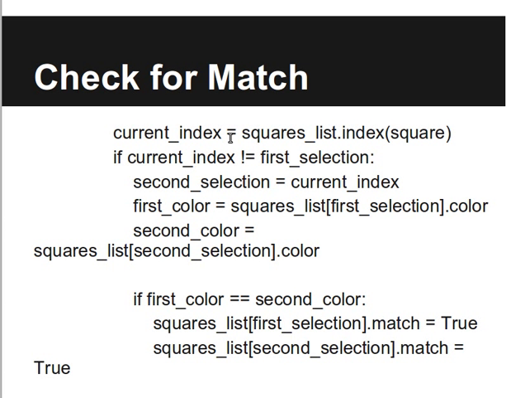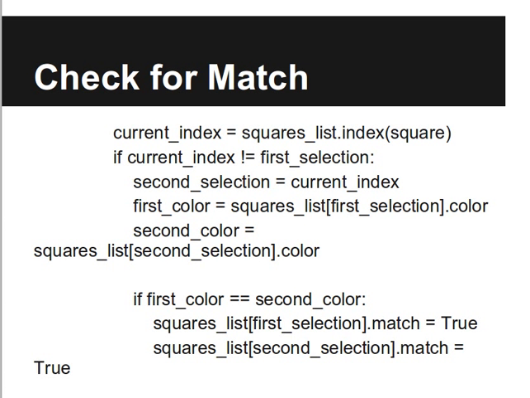You check the current index to see if it's not equal to the first selection. Then you have the 2 colors that you are generating from the index of squares.